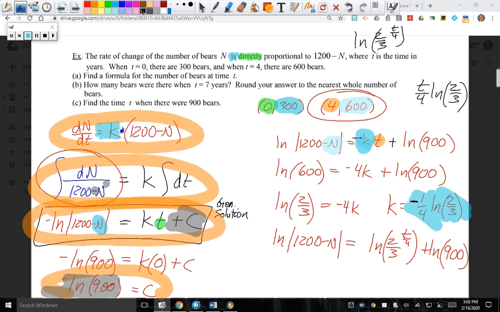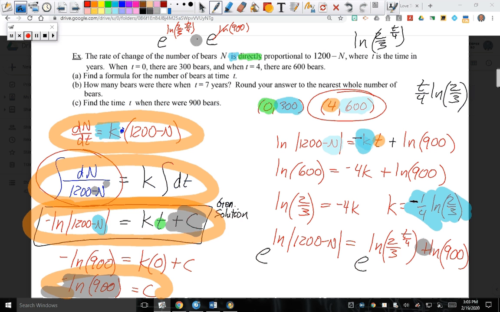E-base. I'm going to apply e-base to the left and to the right. Remember, on the right side, because of this addition in the power, it's the same as having multiplication between two bases. So e to the power of natural log of 2/3 to the t over 4, and then e to the natural log of 900.